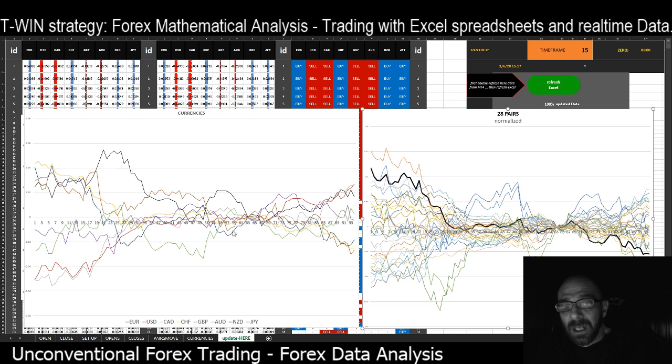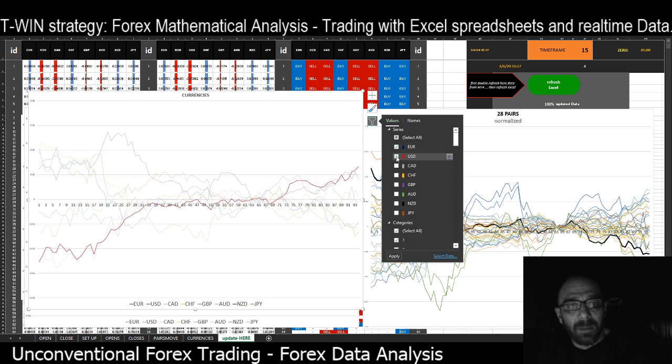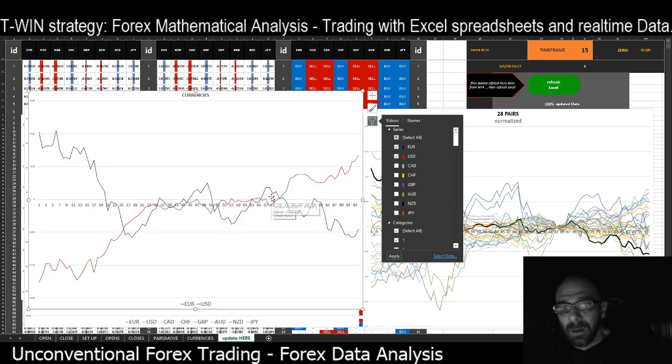But as you can see, euro and dollar, let's see this by making this simple double. Euro and dollar were somehow going along this way, so this is always the beginning of the day, and blue is the euro, red is the dollar.